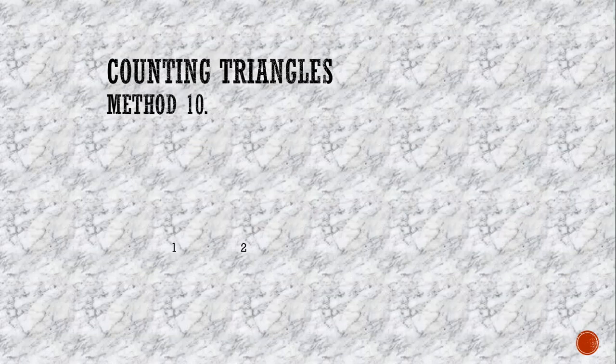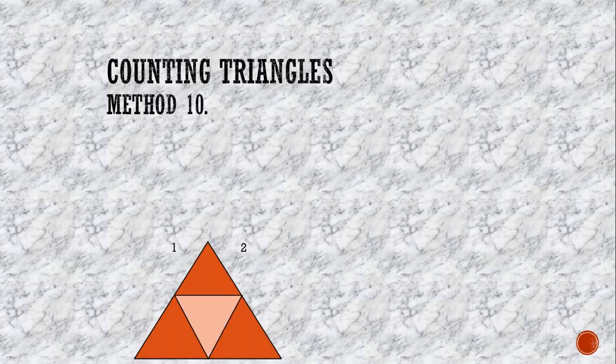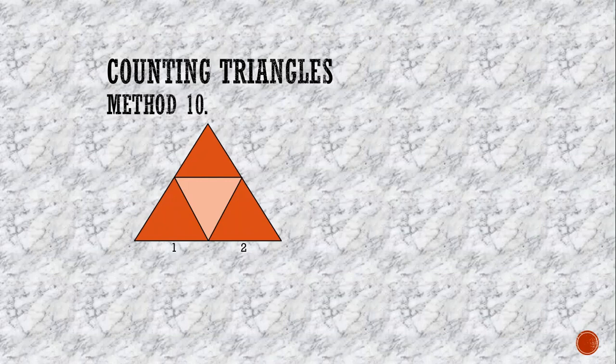Now we move to method 10. In this method we have a completely different figure and we are going to use a formula to count the number of triangles in this triangle. But to use this formula we have a condition. That condition says that n should be even, and in this triangle n is even, n is equal to 2, which is an even number.